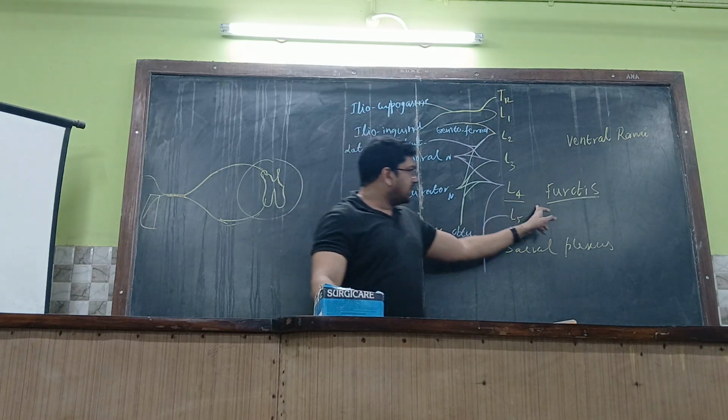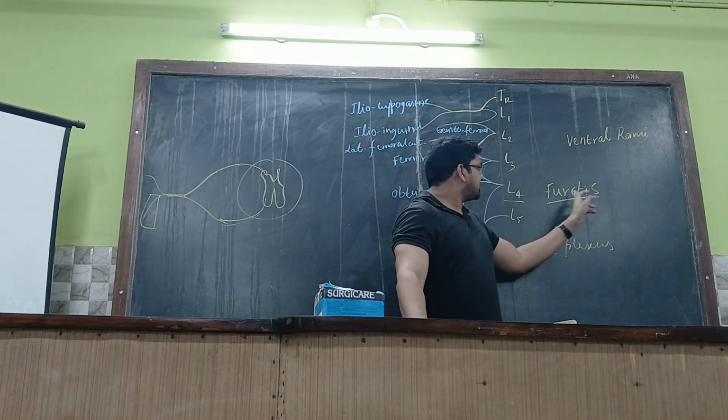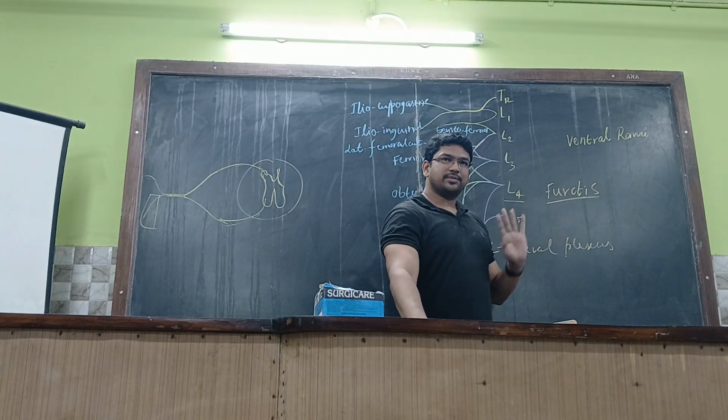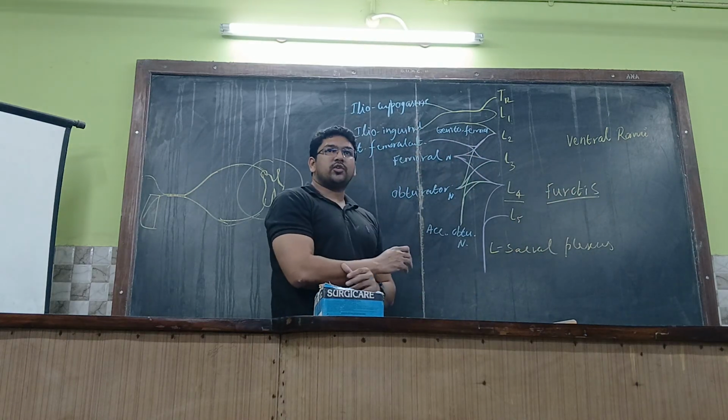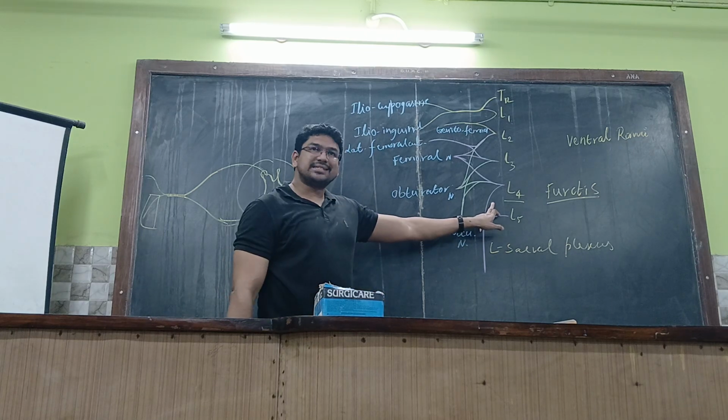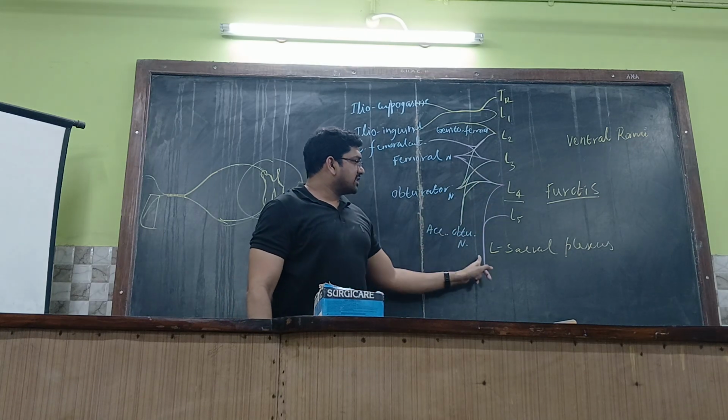This L4 nerve is termed the furcal nerve because it is connecting the lumbar plexus with the sacral plexus.